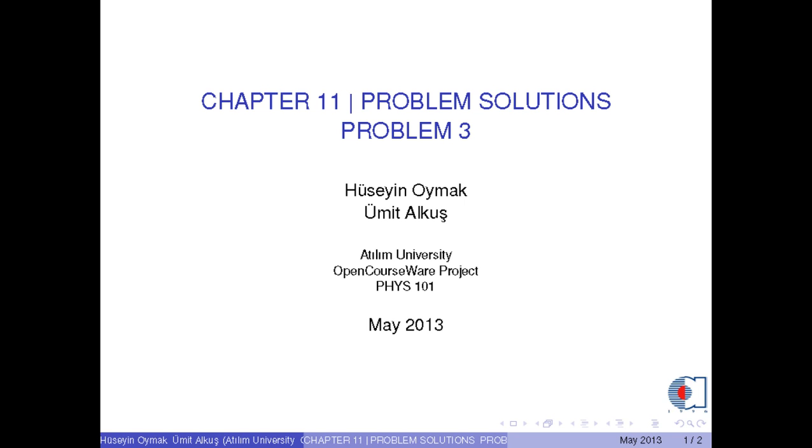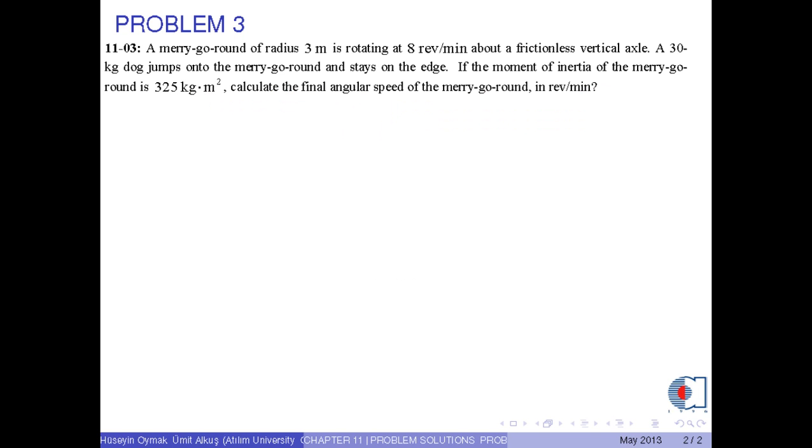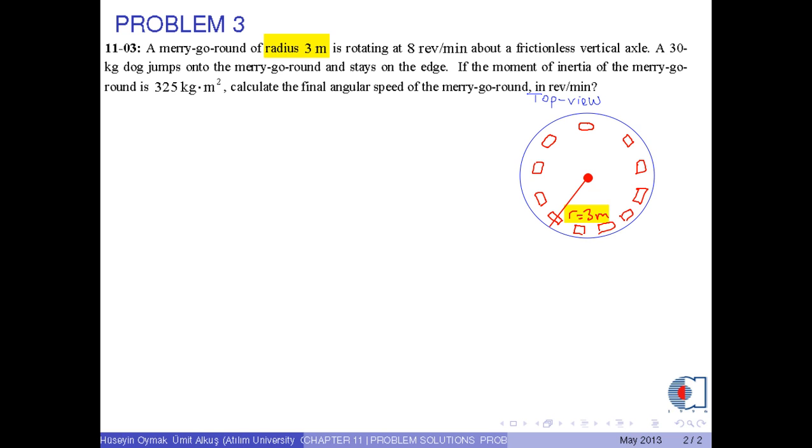In this video, we will solve one problem in Chapter 11. A merry-go-round of radius 3 meters is rotating at 8 revolutions per minute about a frictionless vertical axle.